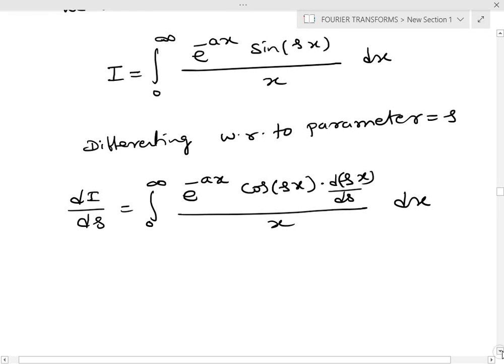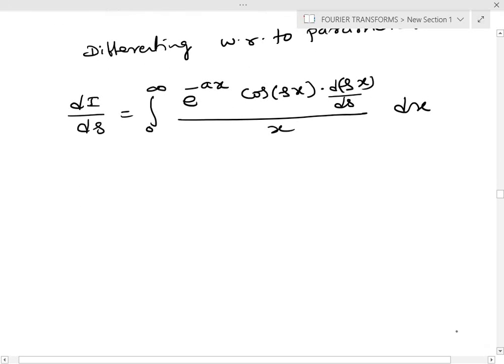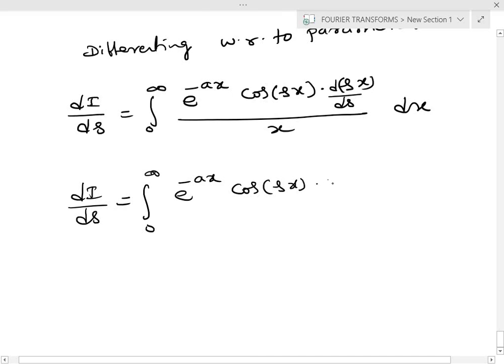Then what I will have here: dI/ds will be equal to, here the s differentiation is 1, x will come out. So 0 to infinity e power minus ax cos of sx, here it will come x divided by x into dx. The x cancels.